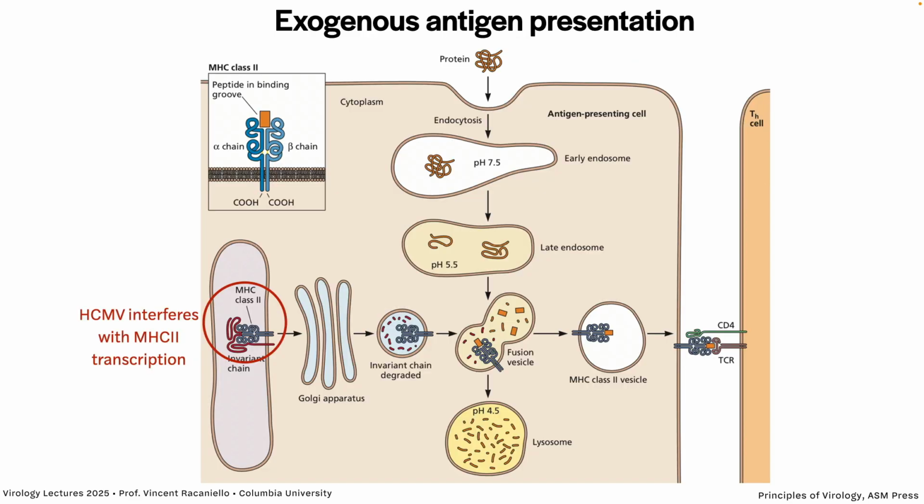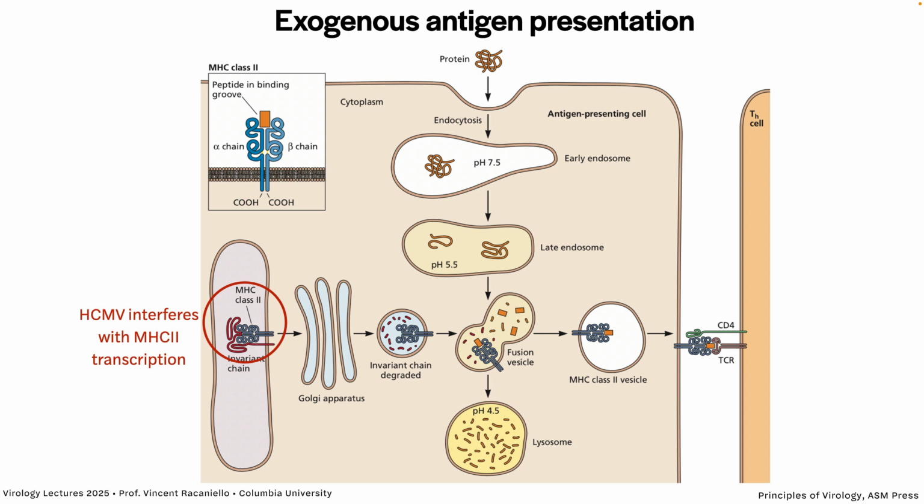So how does antigen get presented on MHC molecules? This is what is called the exogenous antigen presentation pathway. This is a dendritic cell, say, taking up protein by endocytosis.